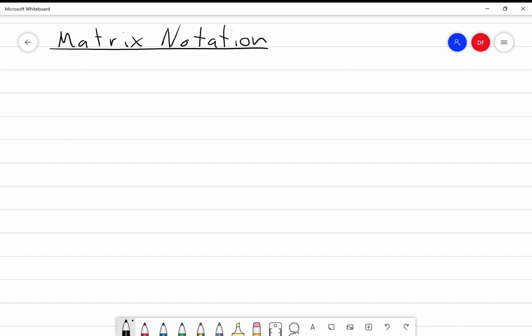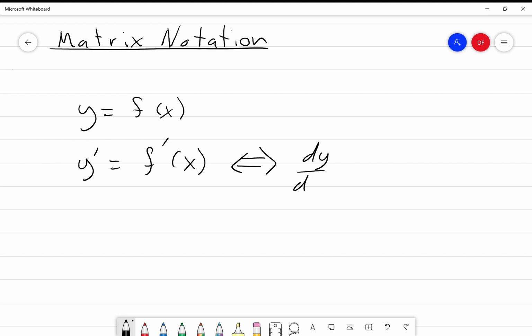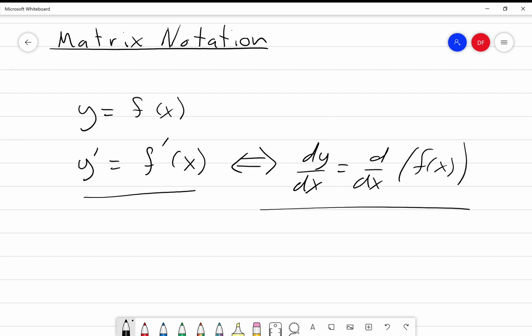So for example, if I had y equals f of x, y prime equals f prime of x. Well, this is the same thing as dy dx equals d dx of f of x. Okay? This is the same. The meaning is the same. The only difference is the notation, which is the symbols that we use. Okay?